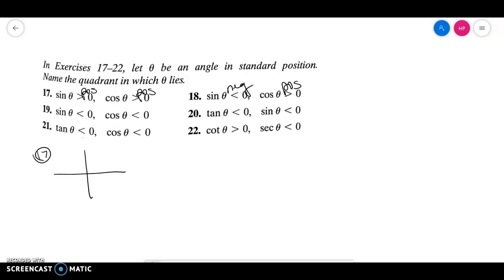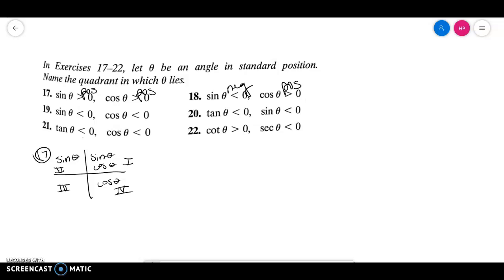So the sine of theta is positive here and here, because that's when the y-coordinate's positive. Cosine is positive to the right of the axis. So the cosine is positive in quadrants 1 and 4, where the sine was positive in quadrants 1 and 2.